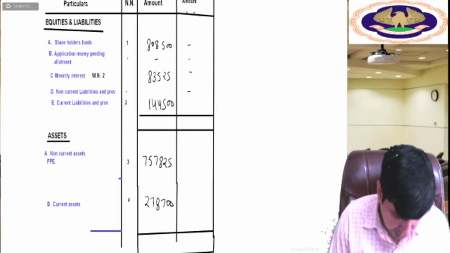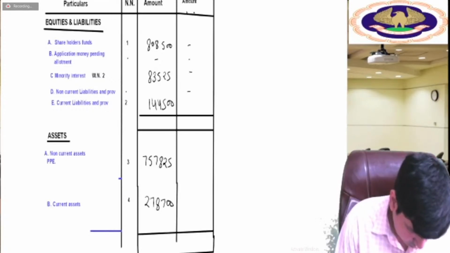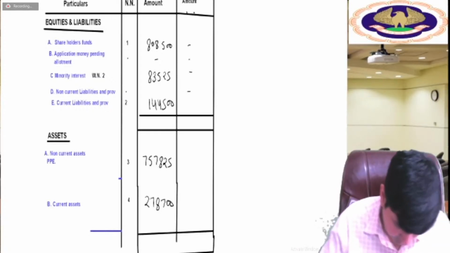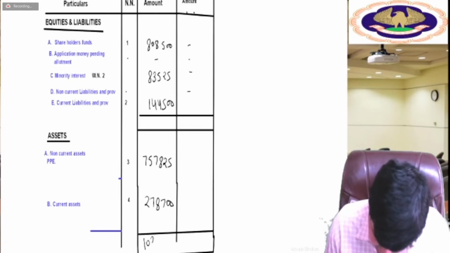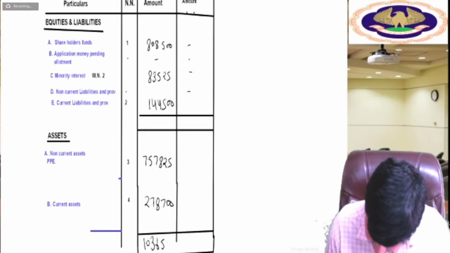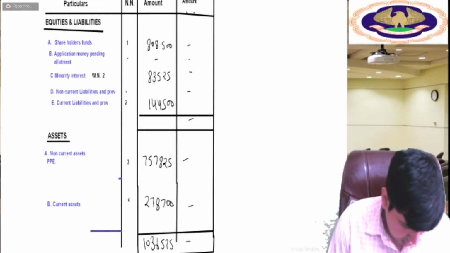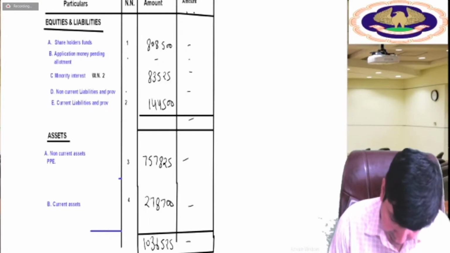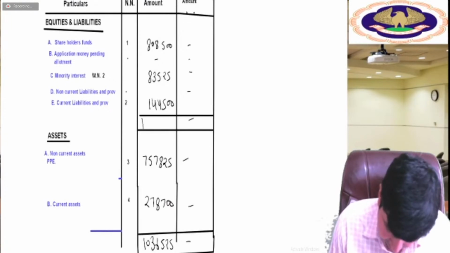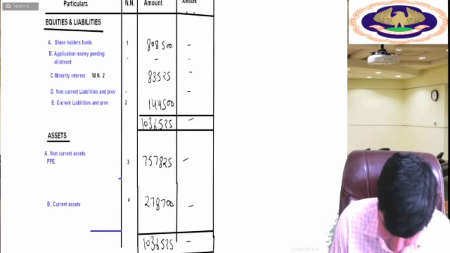Please do a total. 1,036,525. 808,500 plus 83,525 plus 144,500, that is 10,36,525. Balance sheet is tallied.